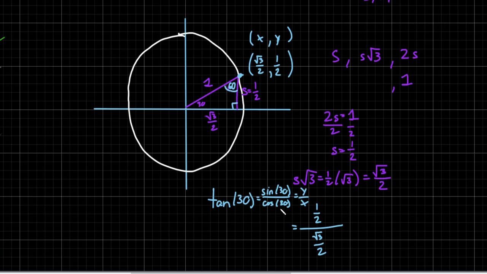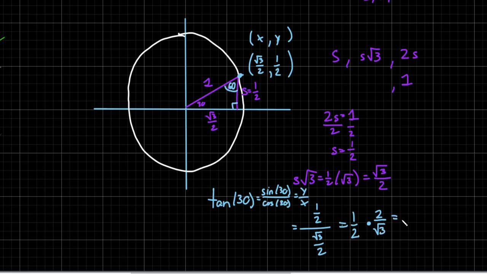Do you guys remember keep, change, flip? Keep, change, flip this guy. So we keep our 1/2, we change division into multiplication, and then we flip the last one. This is my denominator, now it becomes my numerator, and my numerator becomes my denominator.